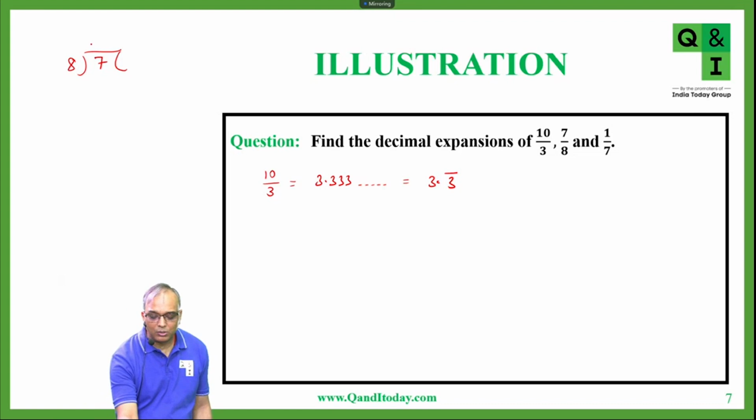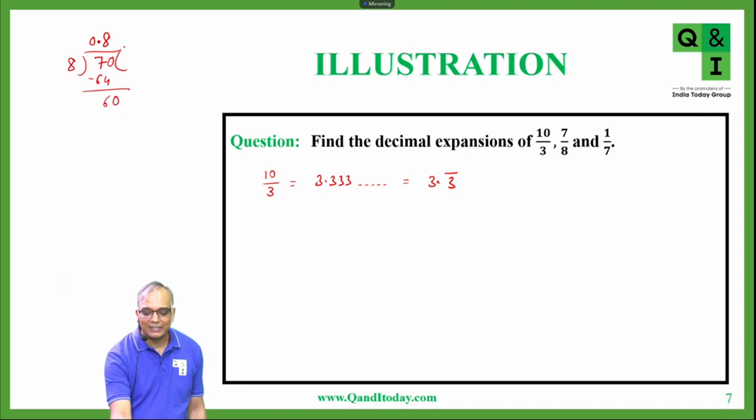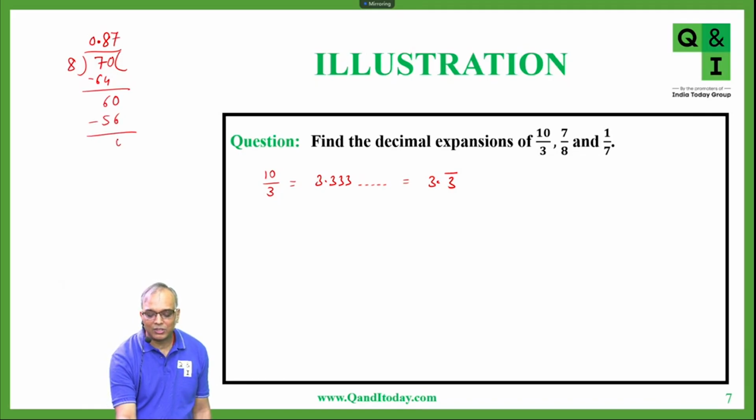So we'll put a decimal point at the start. You will have 70 here. So we know that 8 times 8 is 64. We'll subtract it, we'll have 6. And because there is a decimal, 60, so then we have 8 times 7 is 56. If you subtract, you will get 4. 40. 8 times 5 is 40. So the remainder is 0.